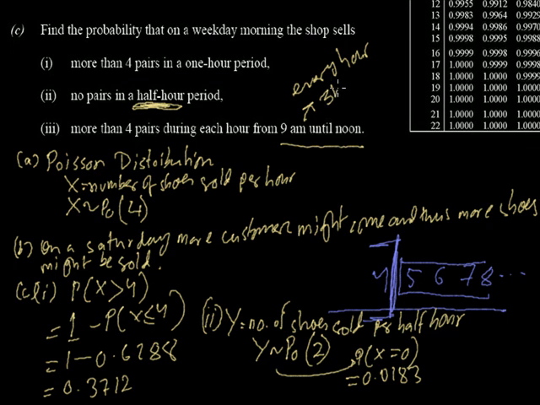So this is 3 consecutive hours, more than 4. So we know for a 1 hour period, more than 4, the probability is 0.3712.